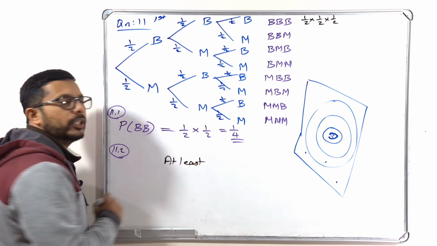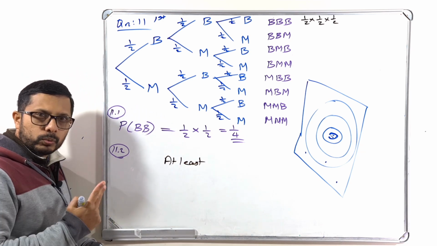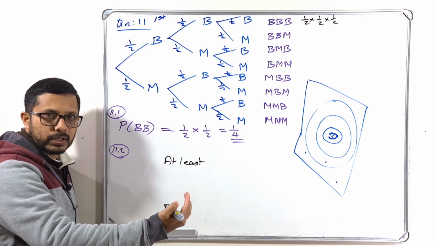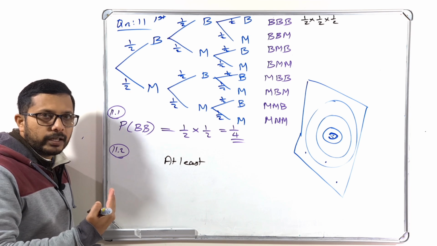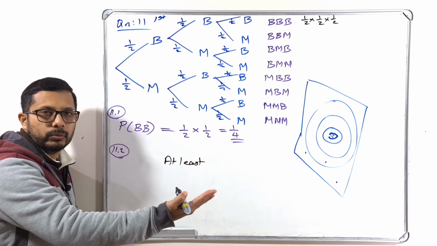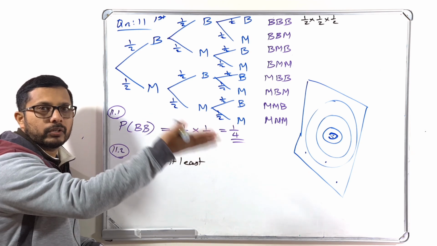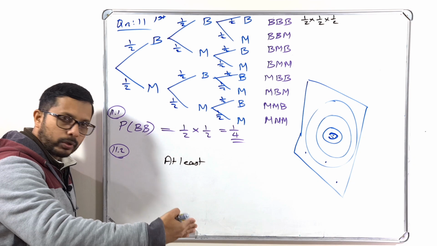At least means minimum 2, 2 or more than 2. You understand? It can't be 1. At least 2 means 2 or more than 2. If it is 3, there is no problem. If it is 4, 5, 6, no problem. But the minimum is 2.